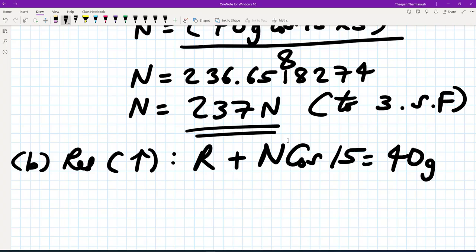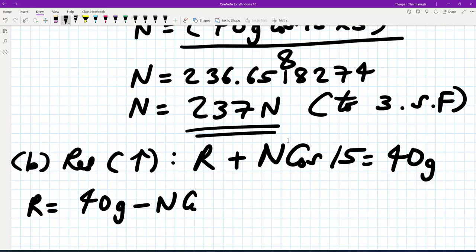But we know what N is, so therefore R is 40g minus N cos 15.